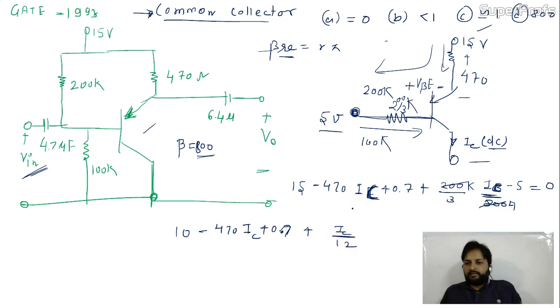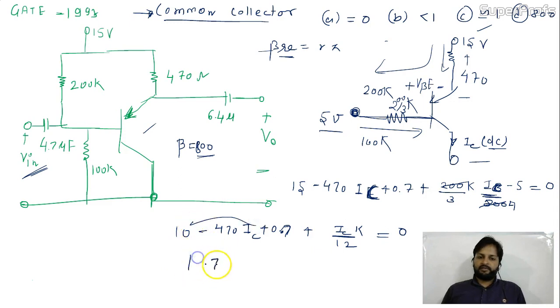Am I correct? And this is in K actually. Is it okay? Equal to 0. So this is 10.7, 470 IC minus IC into 1000 by 12.